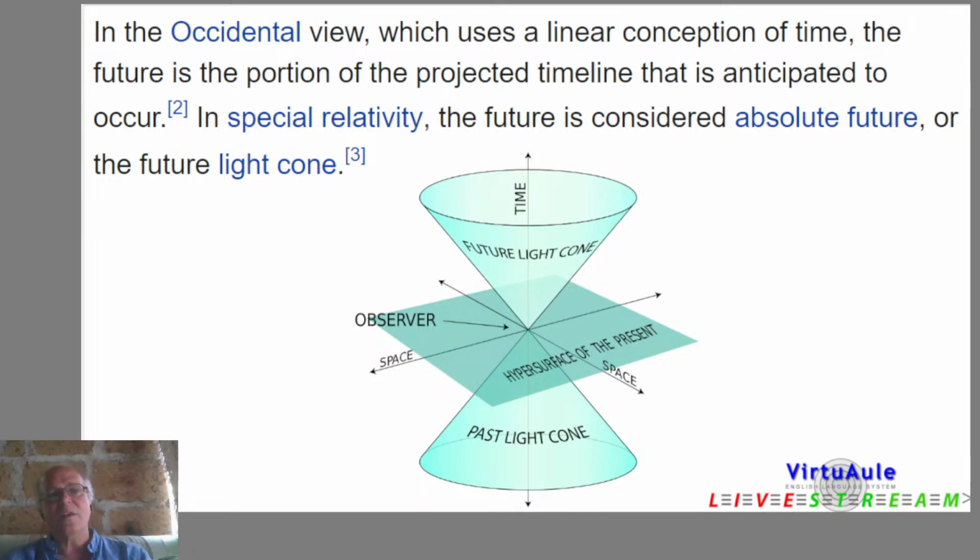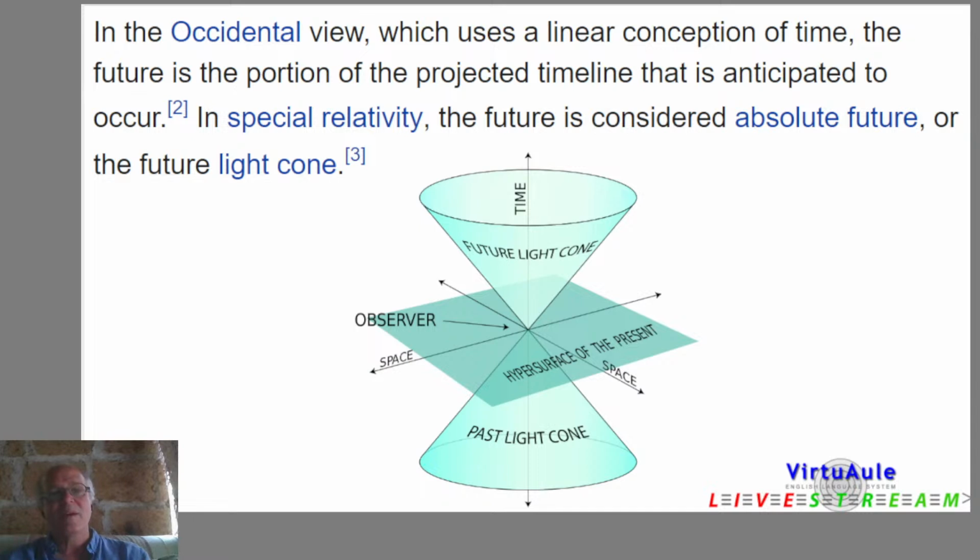The future light cone at the top, the time, instead of going horizontal, we have the time going from bottom to the top. So the future light cone represents all of the possibilities that could be also in space, because we have a plane where the observer is situated.